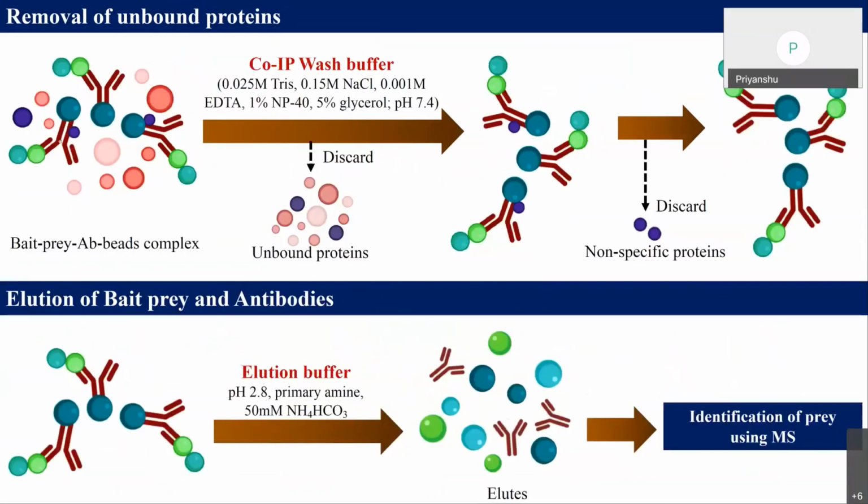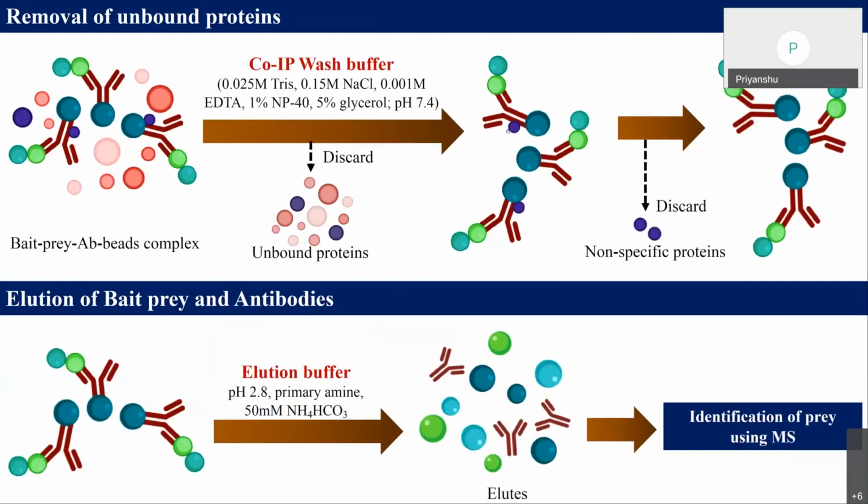Once you get this complex, wash it with the co-IP wash buffer. In the co-IP wash buffer, you remove all unbound proteins and non-specific proteins from the solution, and you get the antigen antibody complex with interacting partners and beads.